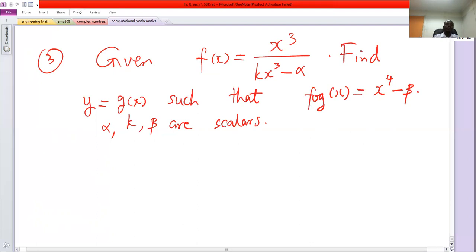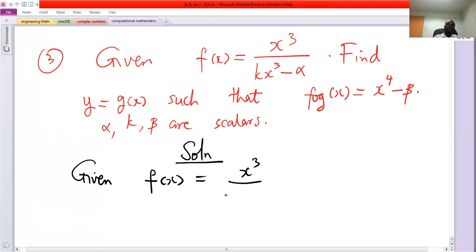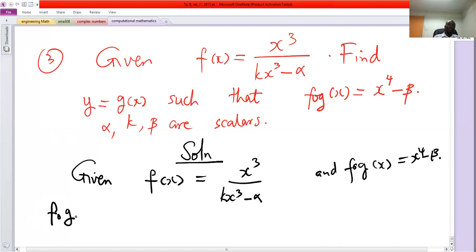Solution: given f of x equals x cubed over x cubed times k minus alpha, and f composed with g given by x power 4 minus beta, then by definition, f composed with g is f, and then g becomes the input.